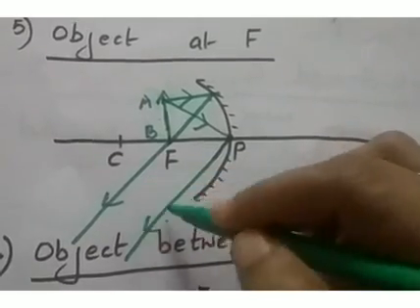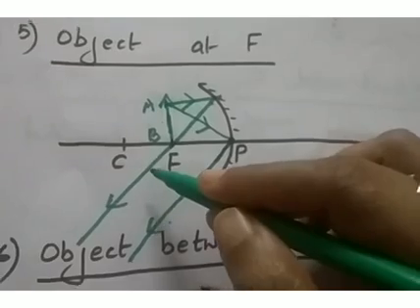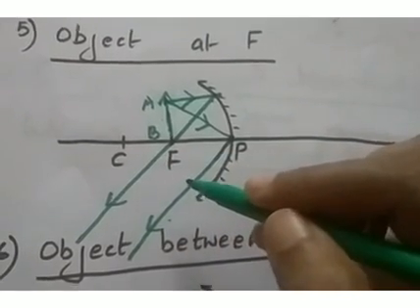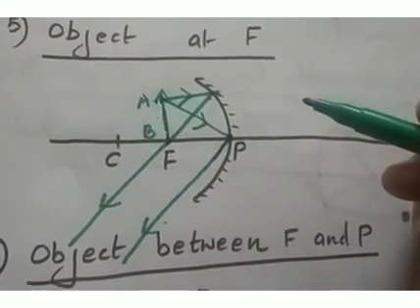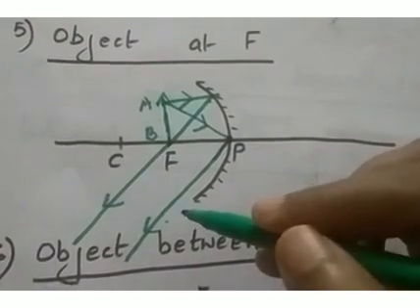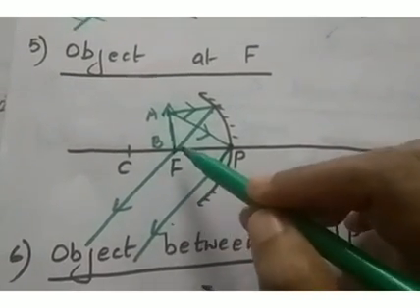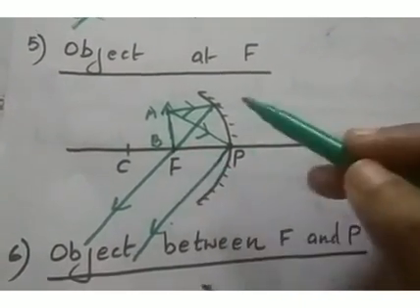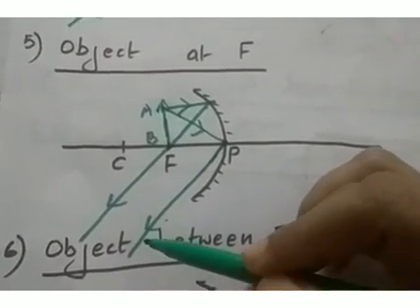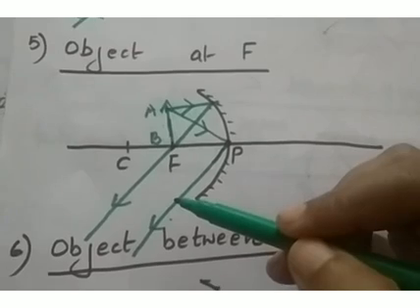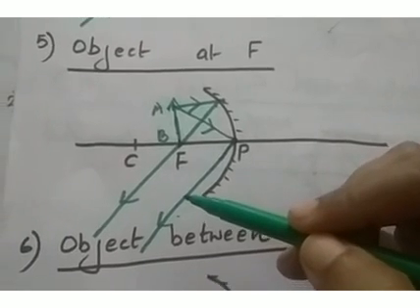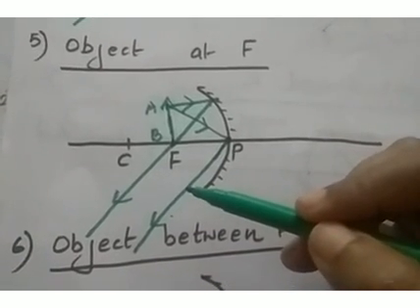And these two reflected rays are parallel. So the parallel rays are assumed to meet somewhere at infinity. So image is also assumed to be formed at infinity. So whenever the object is at focus, image is formed at infinity. And anything formed at infinity will be very, very big. So what will be the size of an image?